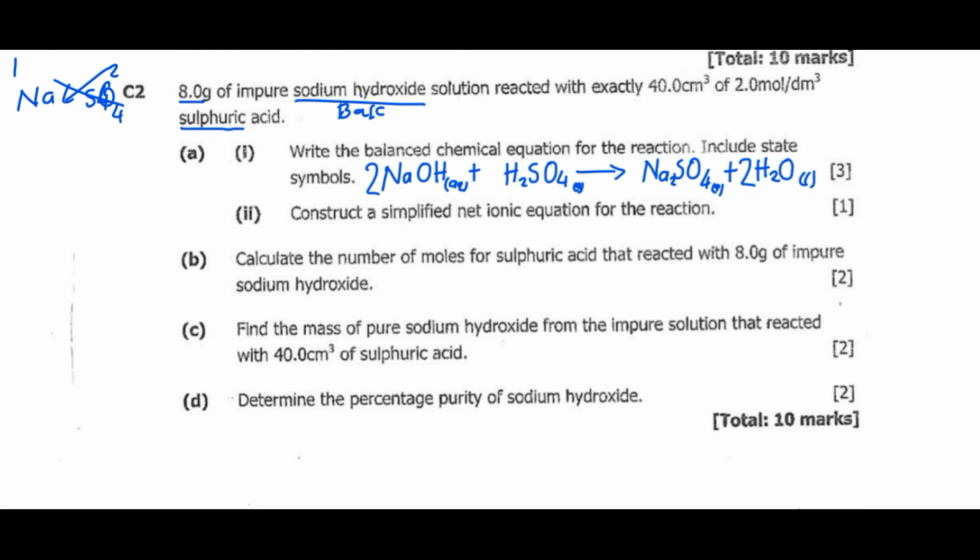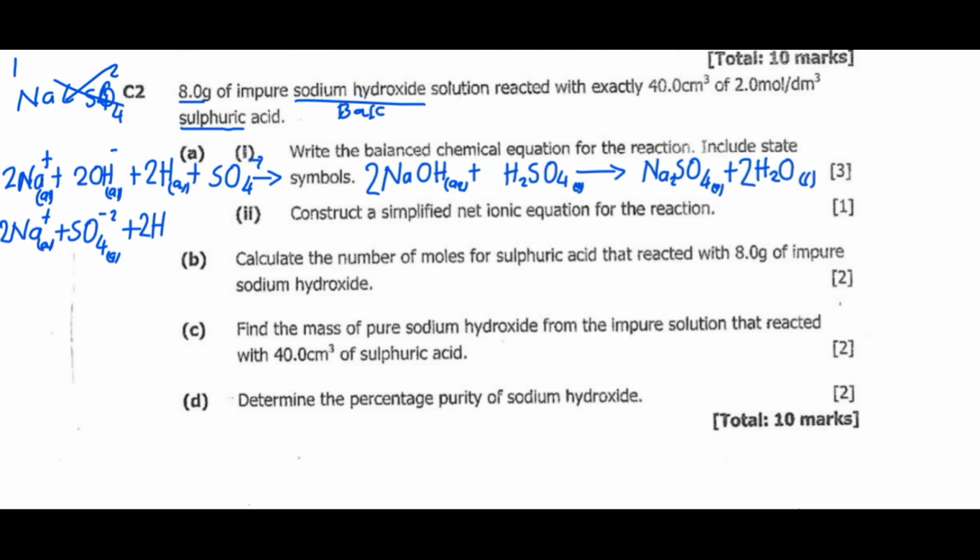Okay, so let's do this. 2Na+ aqueous, we'll break it since it's aqueous, plus 2OH- plus the sulfuric acid, these two H+ will come here, aqueous, plus the sulfate SO4 2-, this will give us 2Na+ aqueous, then sulfate SO4 2-, plus water, we will not break it since it's in liquid state.